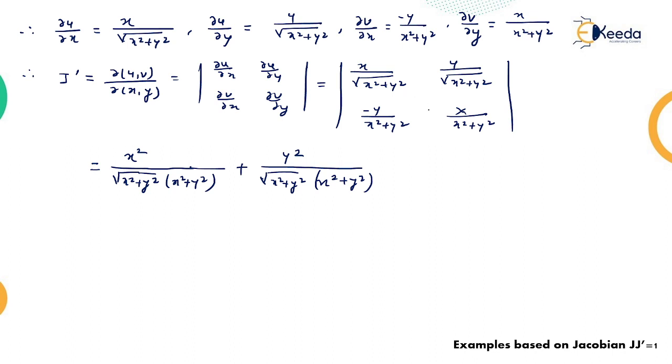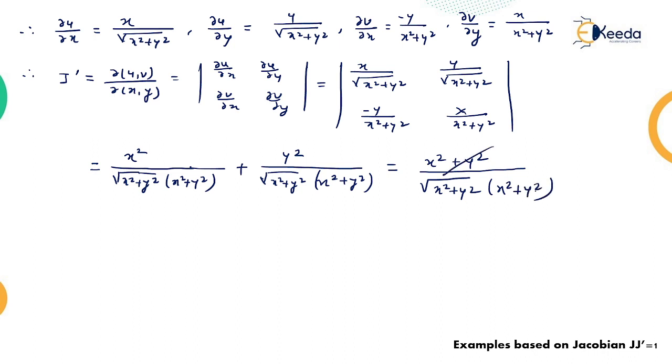After solving this determinant you get this value. I hope you understand this. The denominator is the same, so taking a common denominator, √(x² + y²) times (x² + y²).